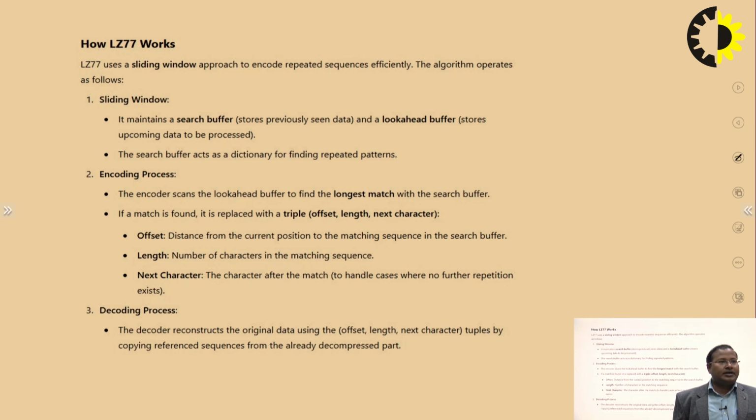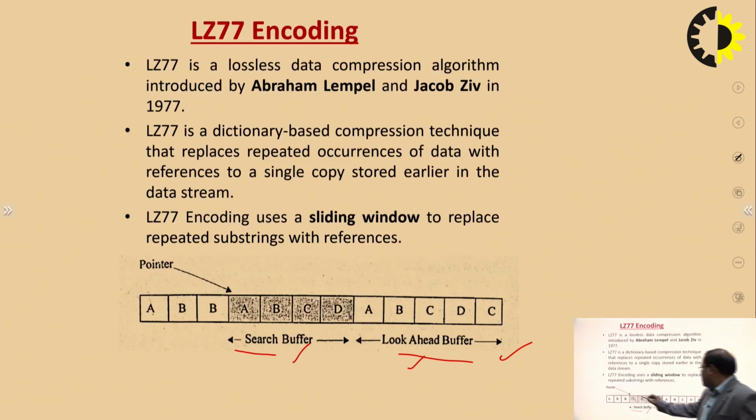Now the second step is the encoding process. The encoder scans the look ahead buffer to find the longest match with the search buffer. So here, firstly A matches, then the longest match A B C D up to here. This is the longest match in the given example.